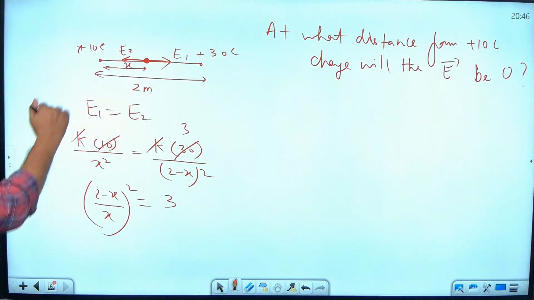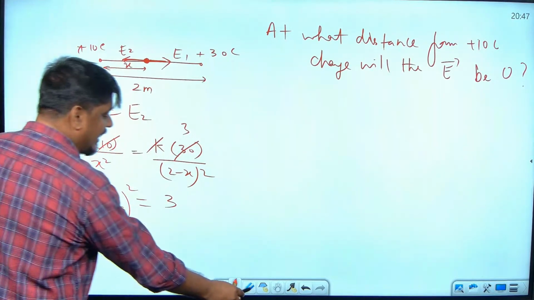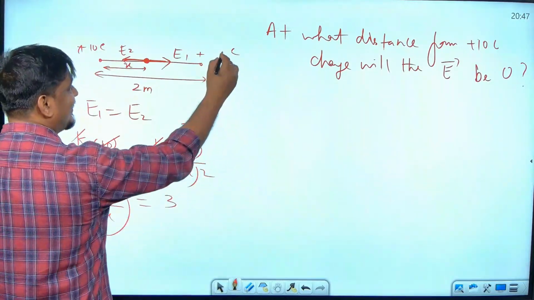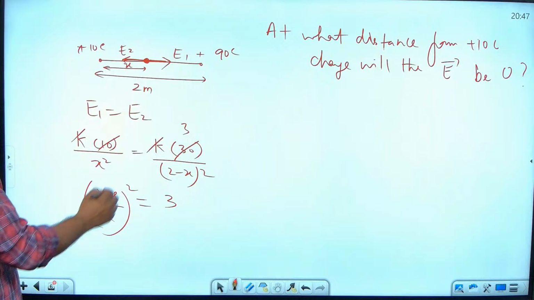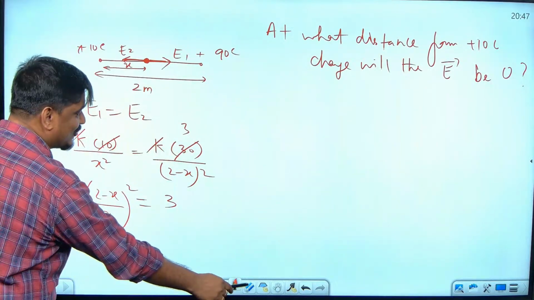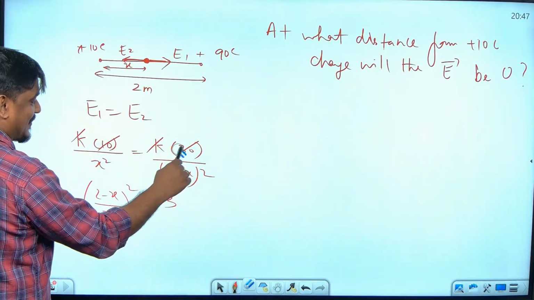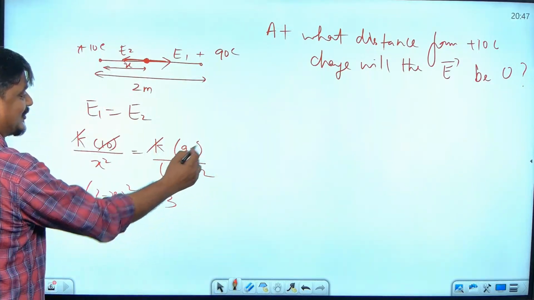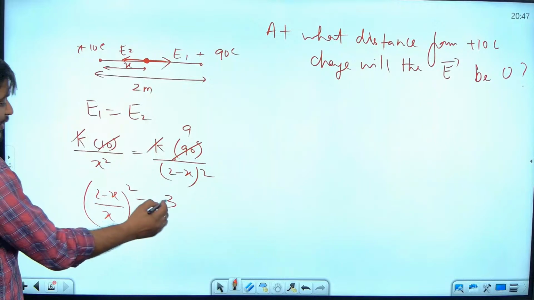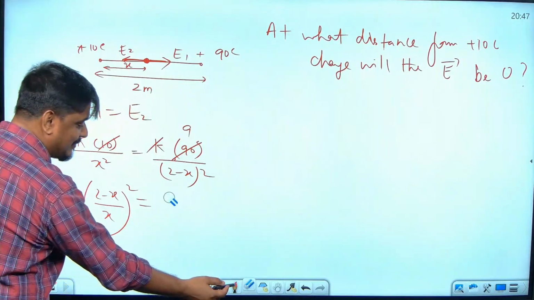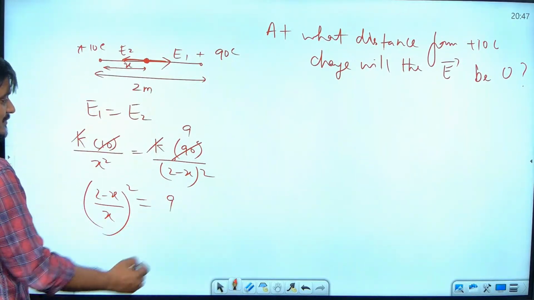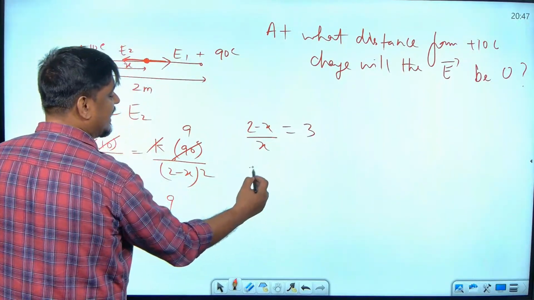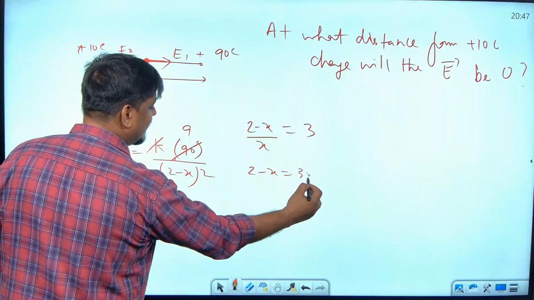And then I will change the question because it is complicated. I will make the question as plus 90. Then this will become 9, so it will easily become 3. Making it easy for you, man. Thank me. So 2 minus x by x will become 3, and 2 minus x will become 3x.